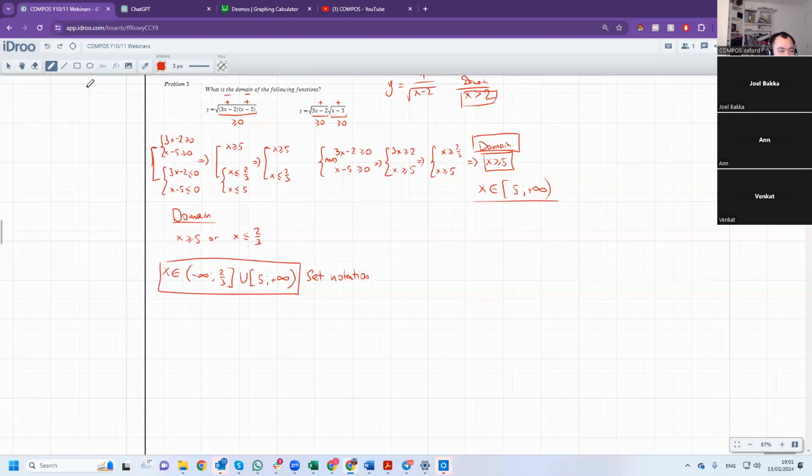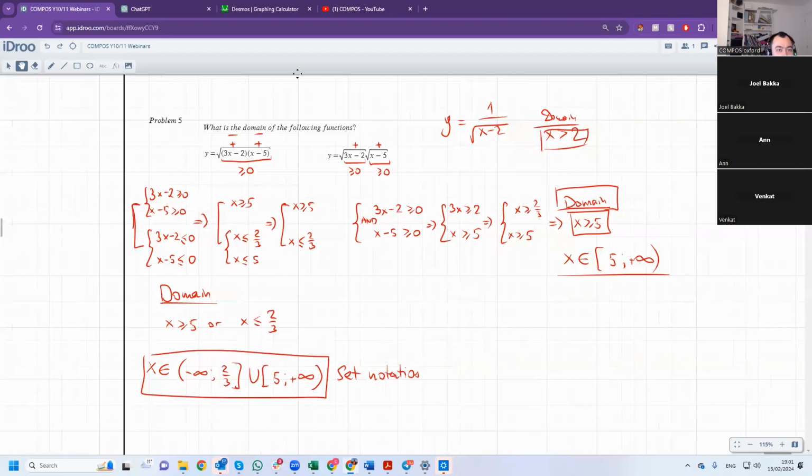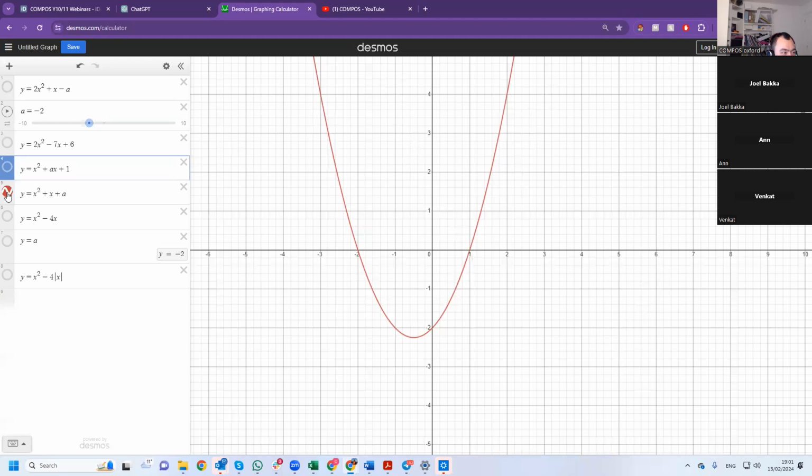So yeah, let's draw these two functions just to see what we are dealing with. So good old Desmos.